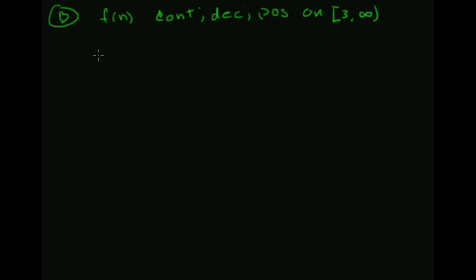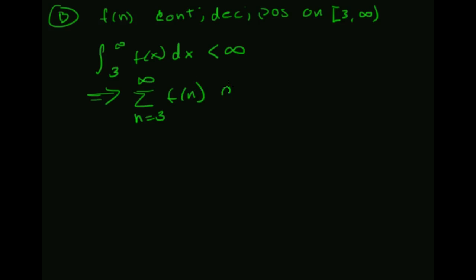From part A, we have that the integral from 3 to infinity of f of x dx is non-infinite. This means that the sum from n equals 3 to infinity of f of n converges by the integral test. And that's the entirety of the problem.